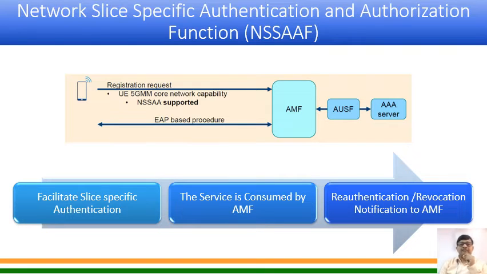Now let us look at this particular picture. Basically, this particular feature, that means slice specific authentication, would be available to only those UEs which are capable of it. So the UE has certain capabilities which are informed to AMF in the registration request itself. The UE tells its capability, right?